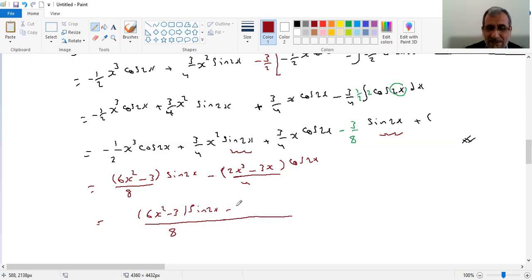So this one is 4x cubed minus 6x, okay, cosine 2x. Even this negative, you can write inside here positive. And you can write this one as plus, and here you can write 6x minus 4x cubed.